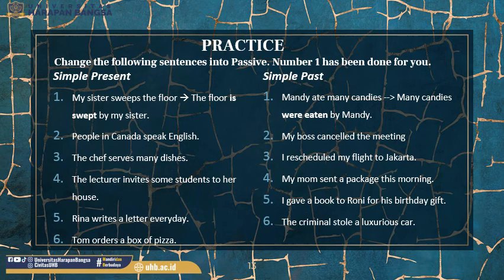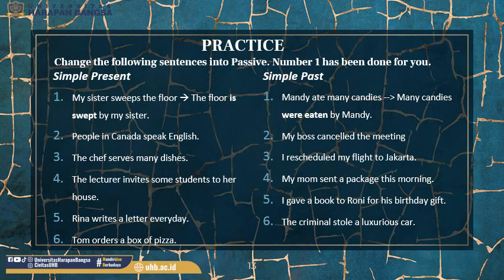Jadi kita taruh depan ya. Subjeknya adalah many candies. Kita lihat nih, many candies ada s-nya. Berarti subjeknya tunggal atau jamak? Yes, jamak ya, plural. Maka to be yang dipakai was atau were? Were. Ingat ya, konteksnya adalah lampau, simple past.